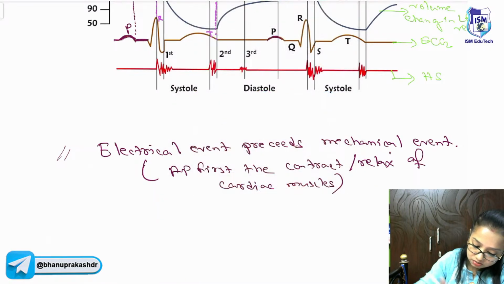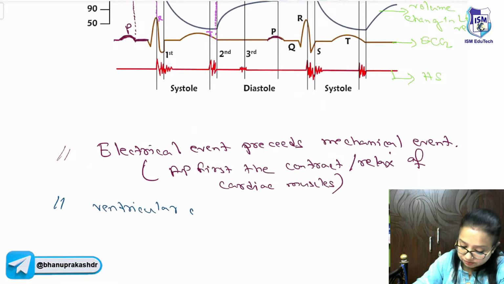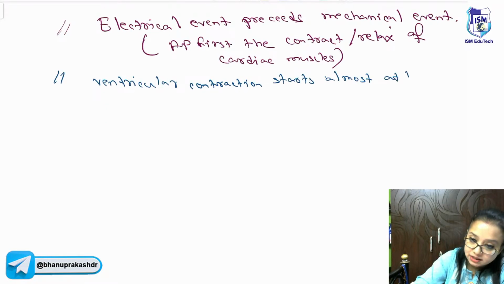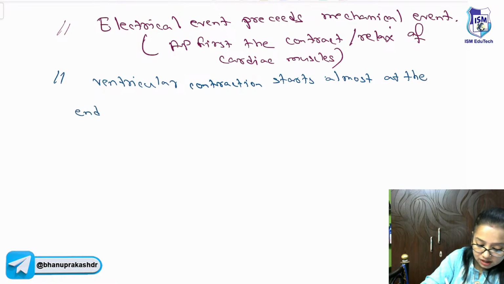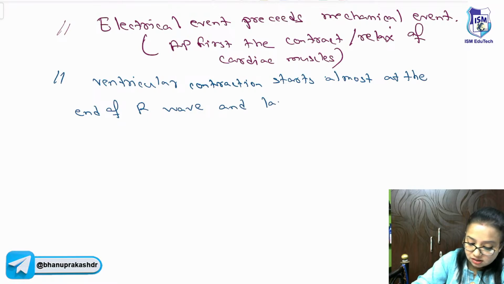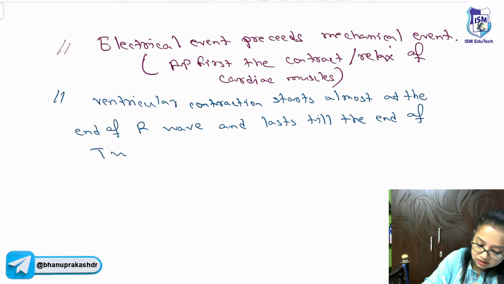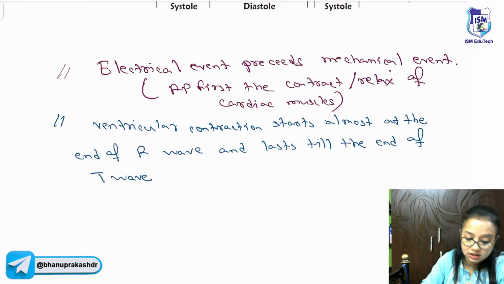The point to be noted, this is important, is that ventricular contraction starts almost at the end of the R wave and lasts till almost the end of the T wave.